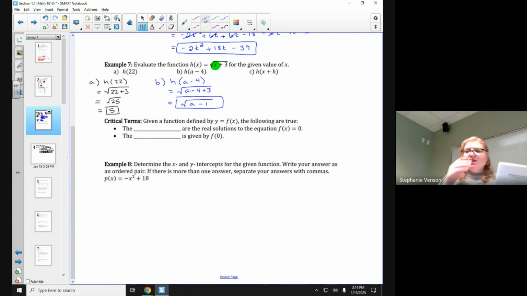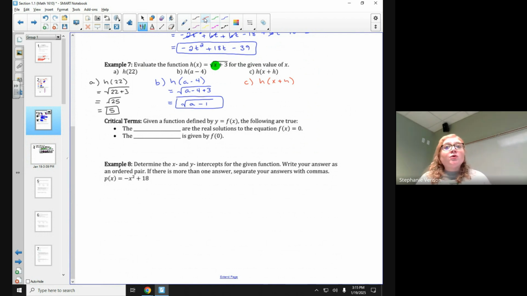All right, and last but not least, we have h of x plus h. Now, this is actually the easiest one, but it looks the most complicated because of that double h there. It's super simple because we're just replacing the x in the original function with x plus h.